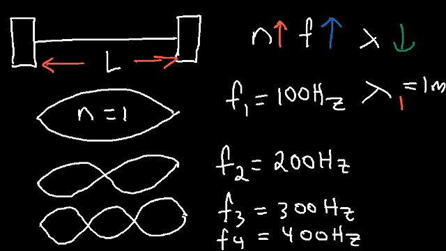So the wavelength for a standard wave with 2 loops is going to be half of a meter, or 0.5. If there's 3 loops, it's going to be 1/3. So notice that the wavelength is decreasing.